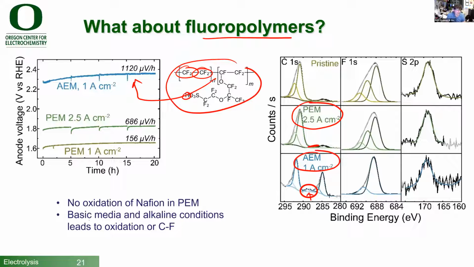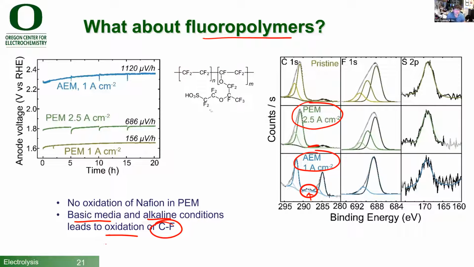So it looks like when you have basic media and alkaline conditions, plus the oxidizing potential, you can degrade CF bonds. Whereas in acidic local conditions, these CF bonds are stable at the same potential. It's probably because OH minus will attack the backbone if it's polarized under positive voltage conditions at the anode, and the local base is particularly aggressive on organic material.